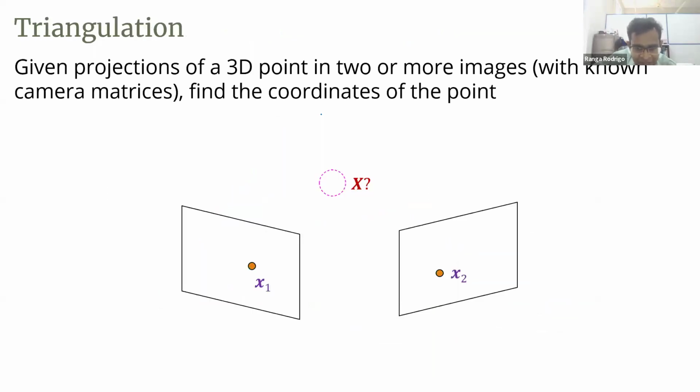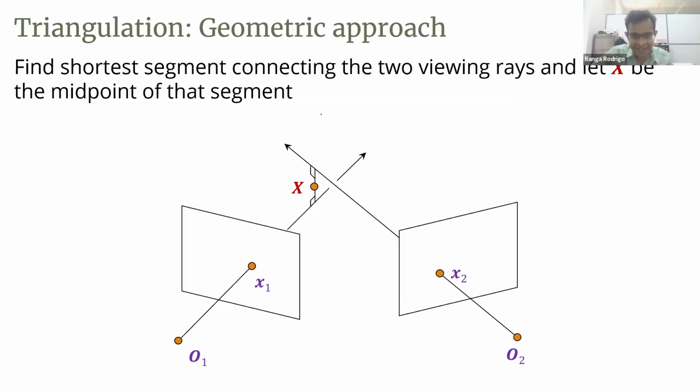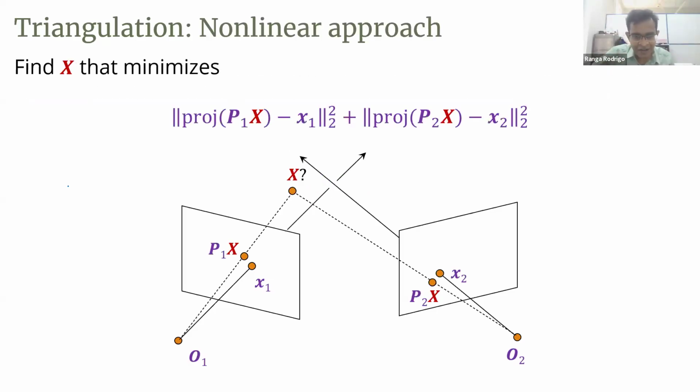That's called triangulation. So we draw two rays from the camera centers. They may not intersect in space, but we force them to intersect. We want to intersect two visual rays corresponding to x and x'. But because of noise and numerical errors, they don't meet exactly. So we minimize this distance, and this distance can be minimized by computing the so-called reprojection errors.